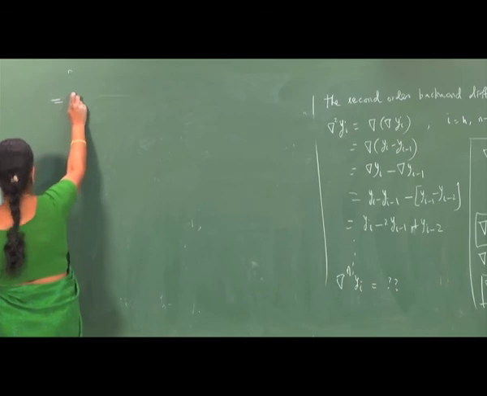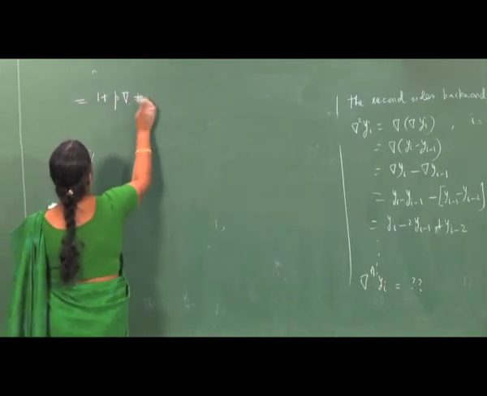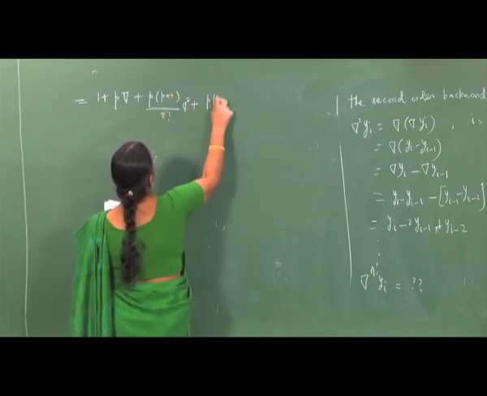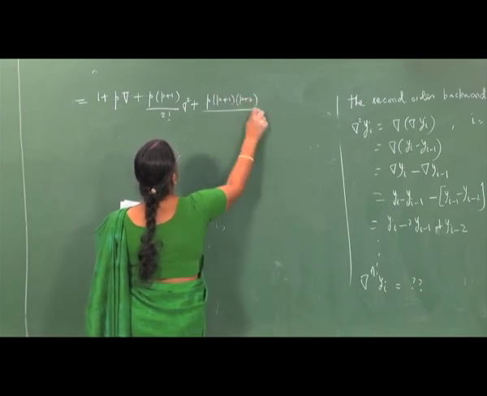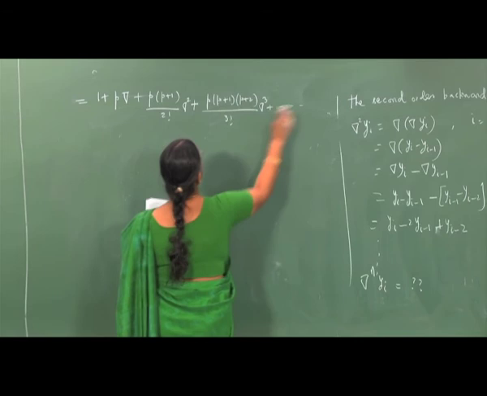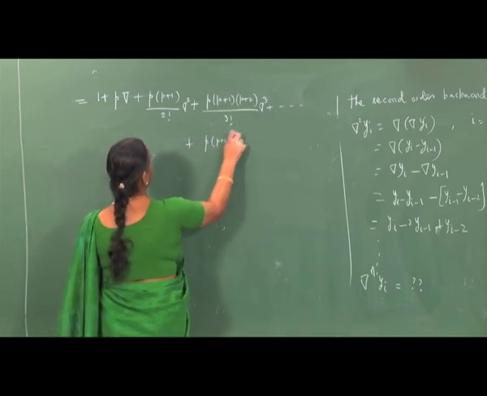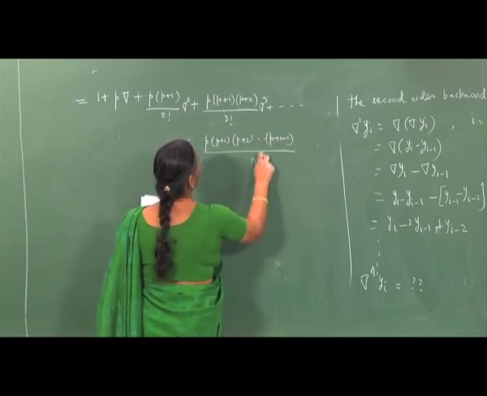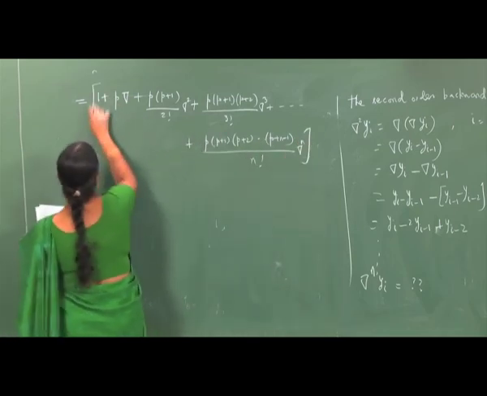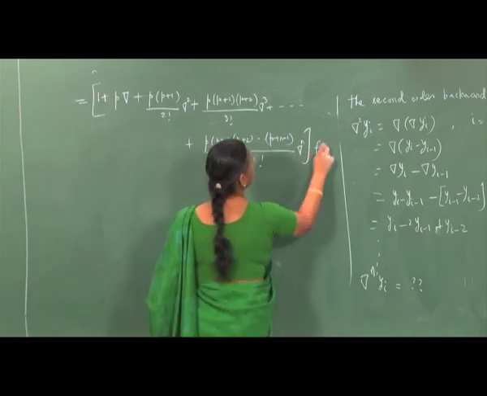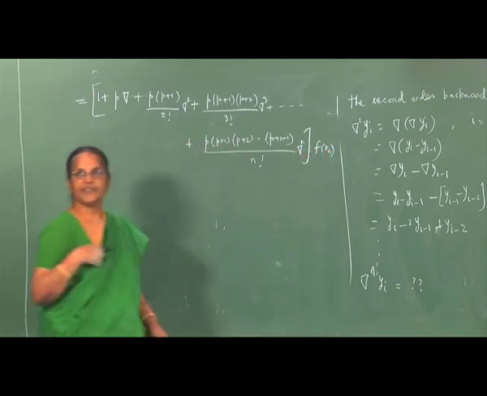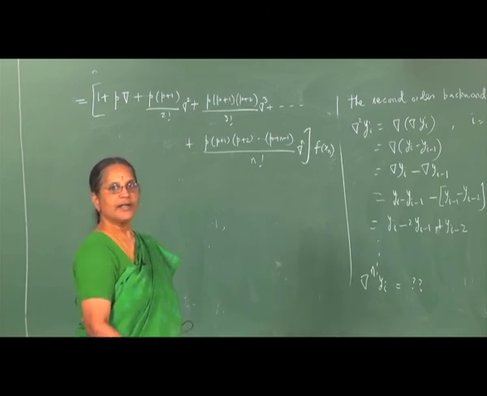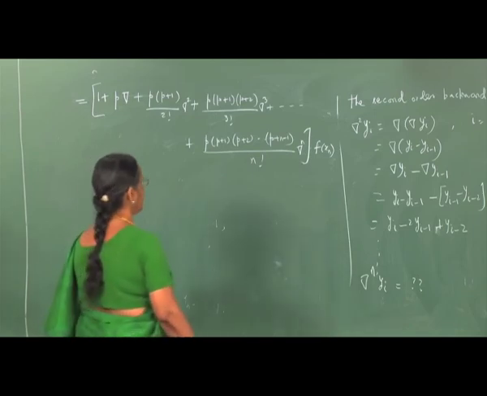So, that will be 1 plus p delta plus p into p plus 1 by factorial 2 into del square, plus p into p plus 1, p plus 2 by factorial 3 into del cubed plus etc., plus p into p plus 1, p plus 2 and so on, up to p plus n minus 1 by factorial n into del to the n on f of xn. I have stopped here because just now we said the n plus 1 and higher order backward differences of a polynomial of degree n will be 0.